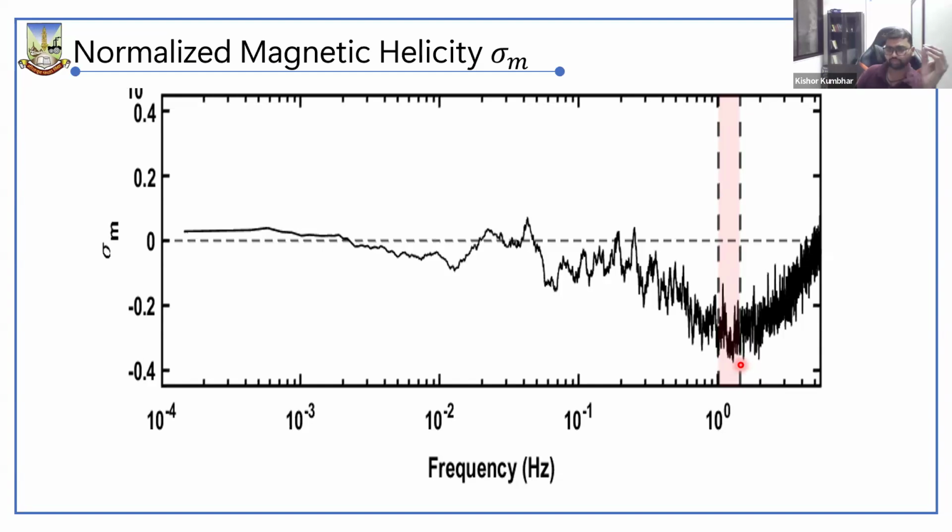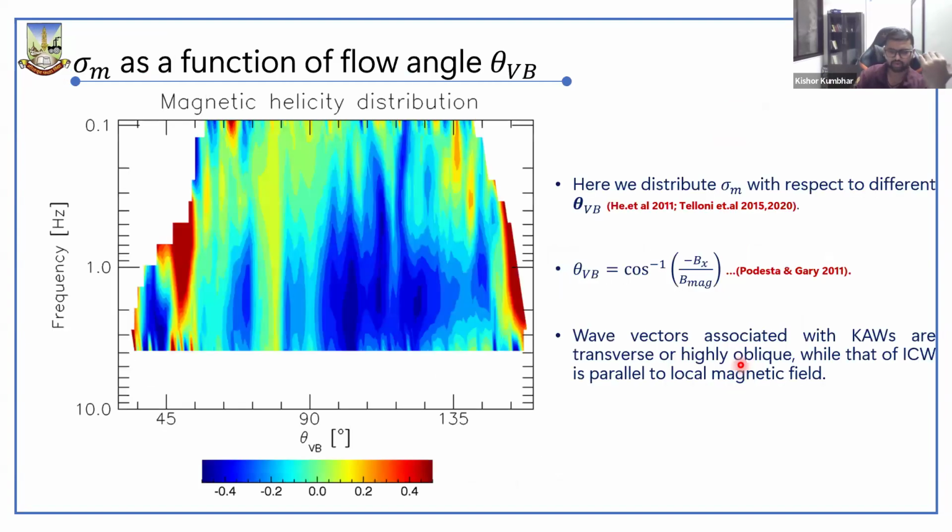So, to confirm whether we are observing a KAW wave and not a Whistler wave, we use a technique called the distribution of sigma m as a function of flow angle theta v, where theta v is the angle between the solar wind velocity and the magnetic field, where we are estimating sigma m.